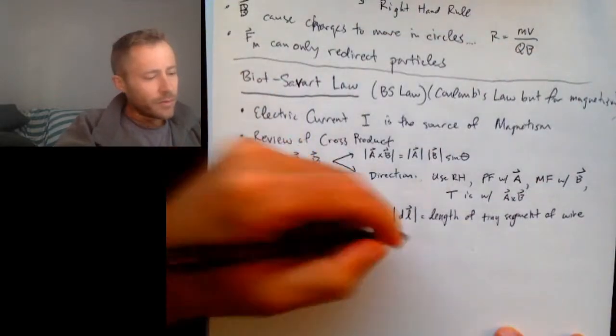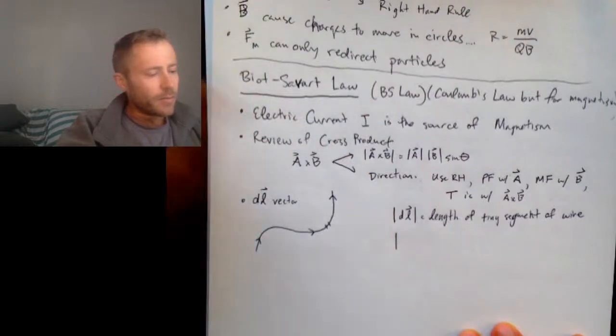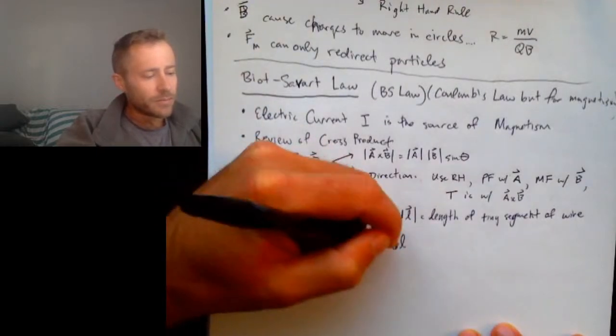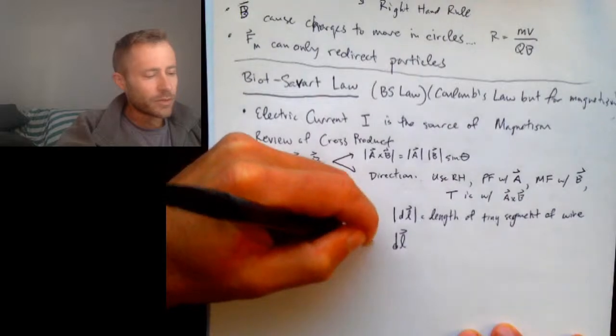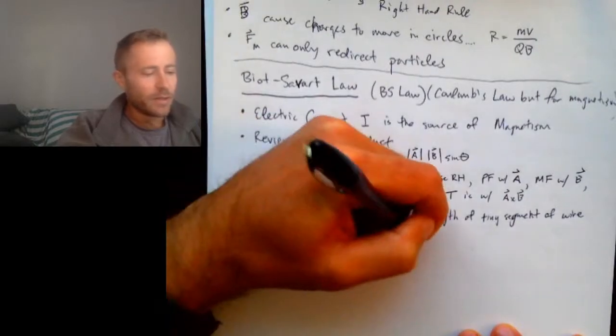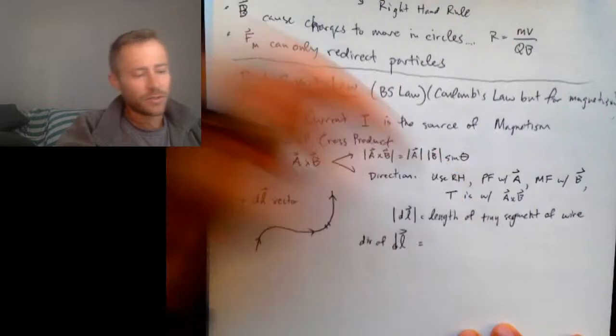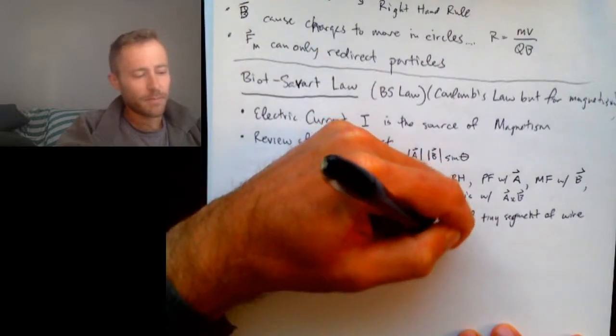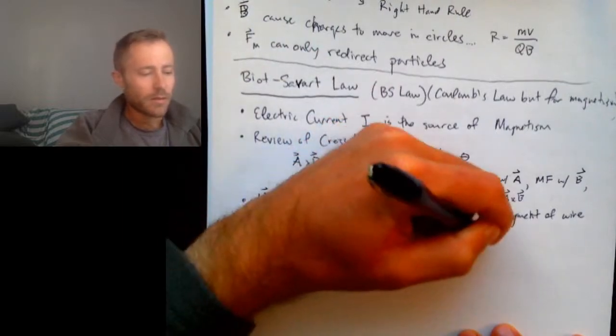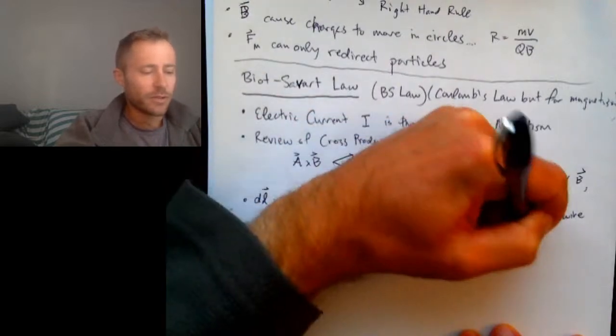And then the direction of dl is equal to its tangent to the wire in the direction of current flow.